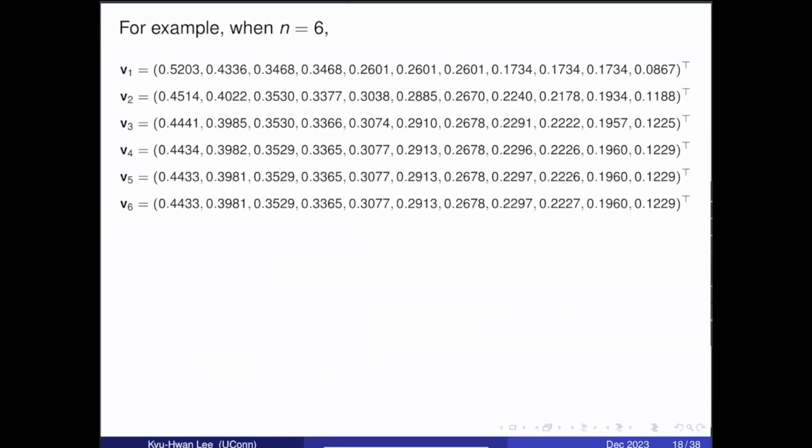So here is an example. When n is 6, if you compute, then V0 was the standard vector, and then V1 is this, and then clearly after 6 iterations, the vectors do not change if you truncate at the fifth decimal, so it converges very quickly.